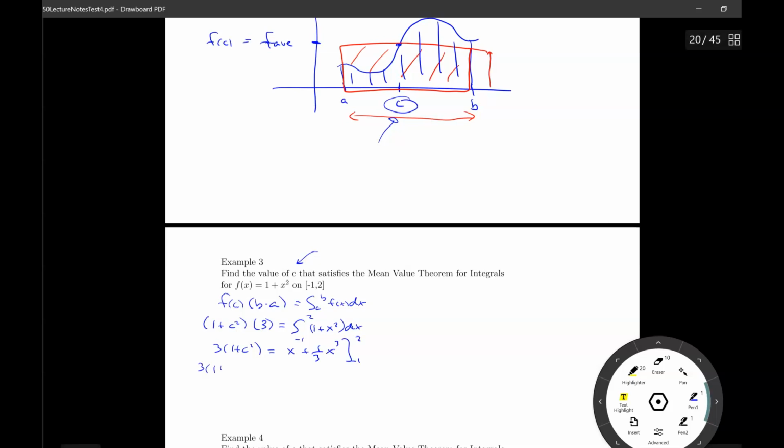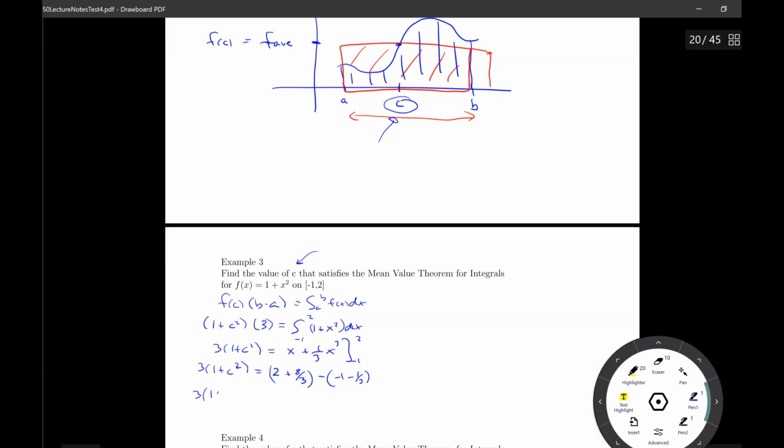So 3 times 1 plus c squared, I'm going to keep it over here. So plug in the 2, so I get 2 plus 8/3, subtract off, putting in the negative 1, so I get negative 1 minus 1/3.